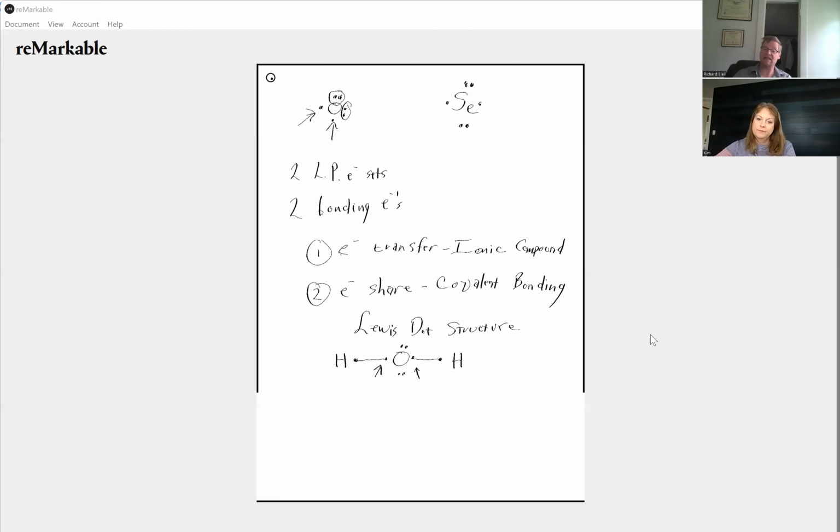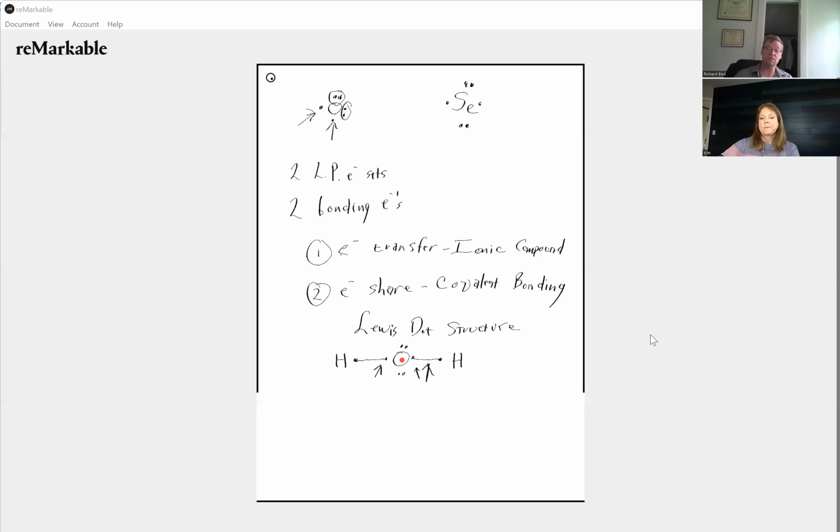To check the octet rule, anytime you have shared electrons, those count towards the octet rule. So hydrogen is happy. It wants 2 electrons in its valence shell. It has 2 electrons in its valence shell.